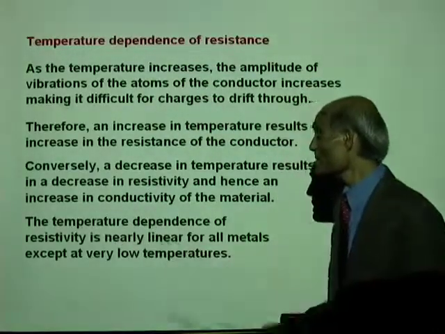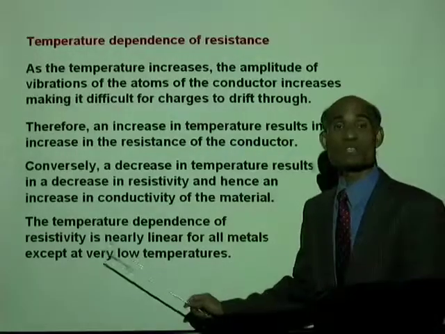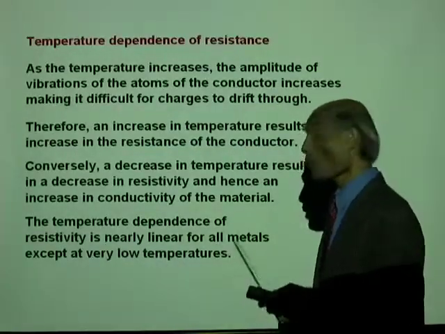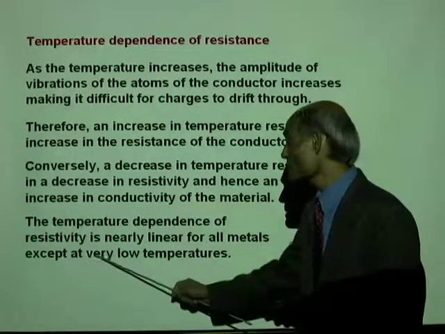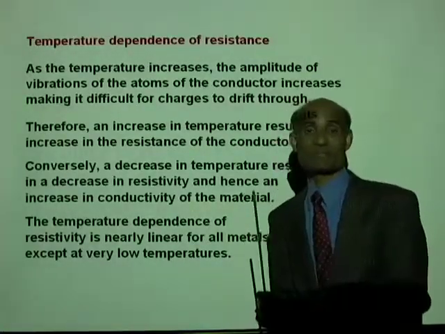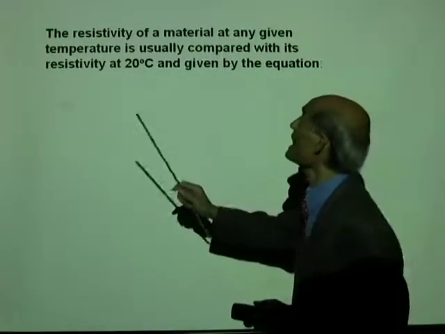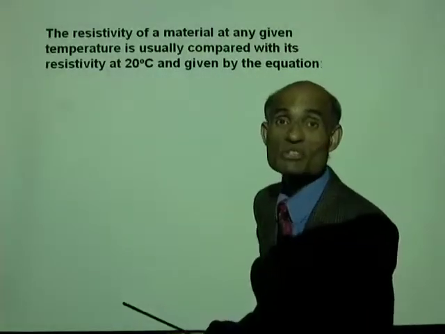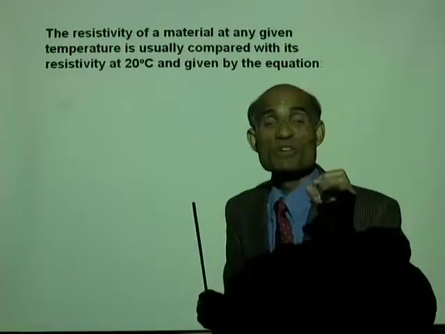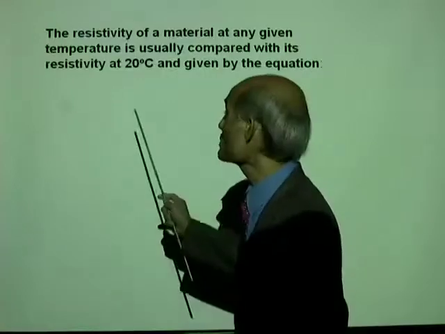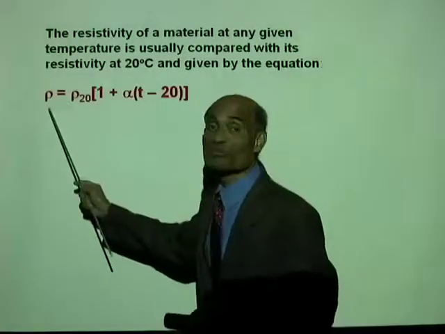The temperature dependence of resistivity is nearly linear for all metals, except at very low temperatures. Now, the resistivity of a material at any given temperature is usually compared to its resistivity at 20 degrees Celsius and is given by the relation rho.